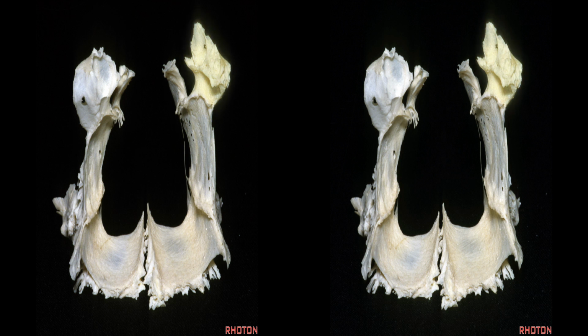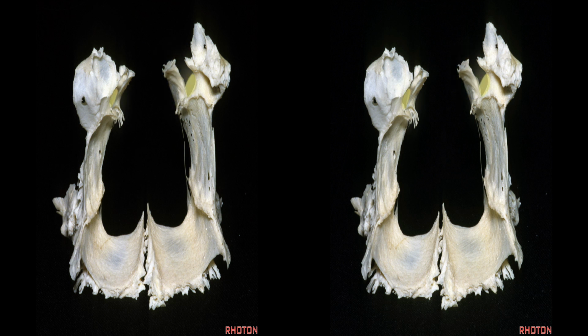And here there's an orbital process of the palatine bone that forms a small part of the floor of the orbit. This part, the sphenoid process, joins the lower part of the sphenoid bone below the sinus.